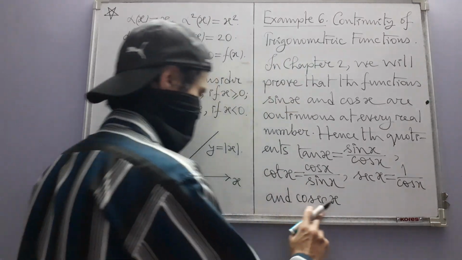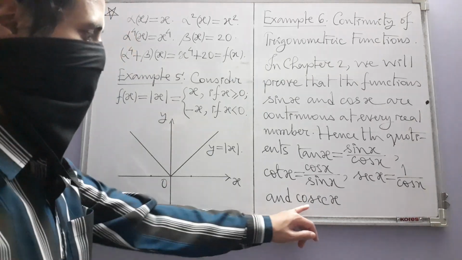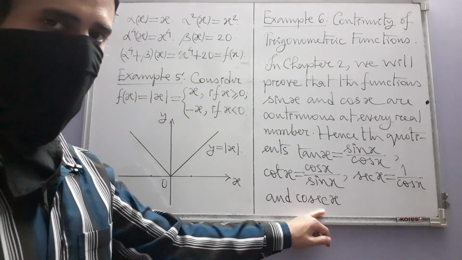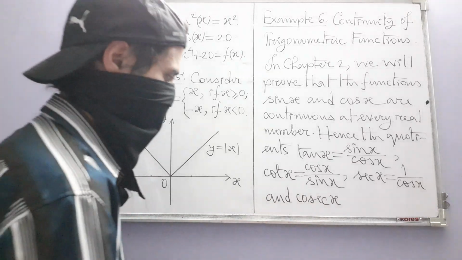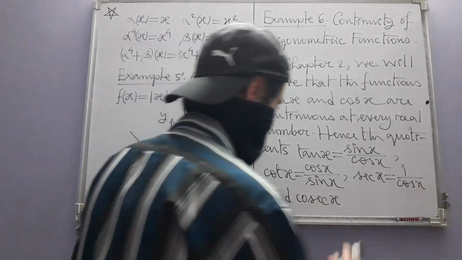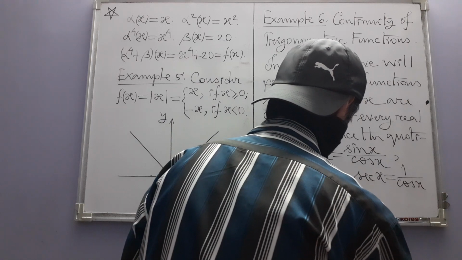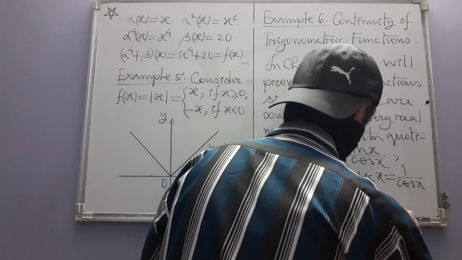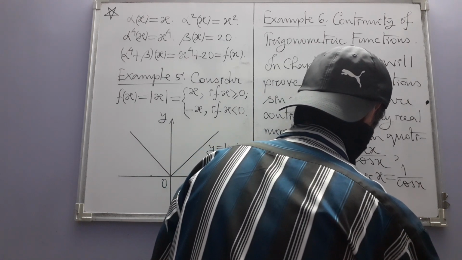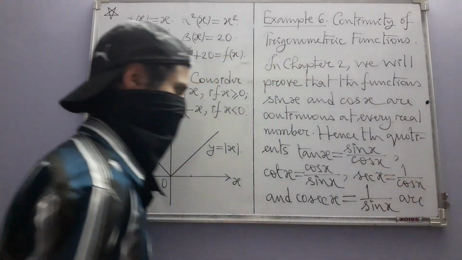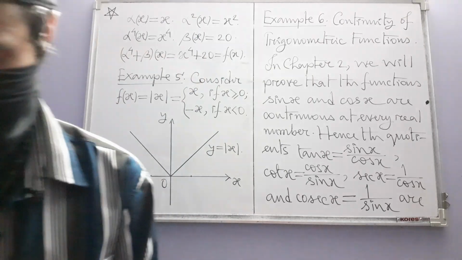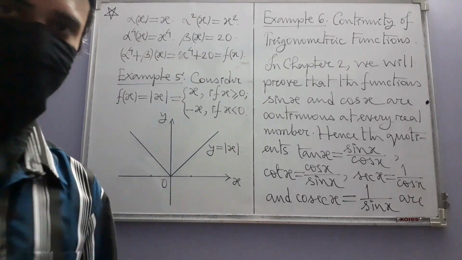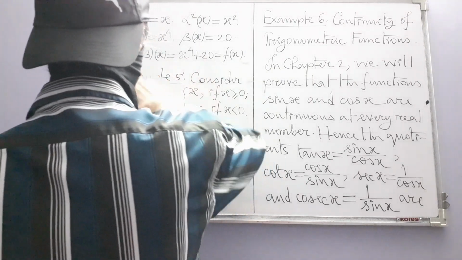Instead of writing cosec, sometimes we also make it even shorter and write CS, but I like to write cosec. These are also continuous everywhere where they are defined, that is where the denominators are not 0.